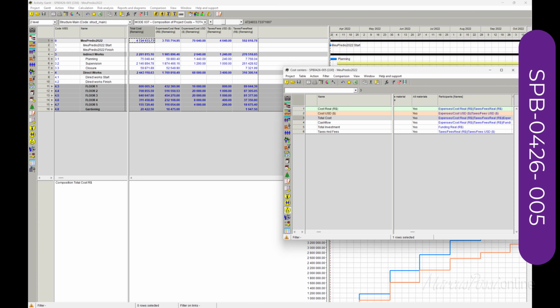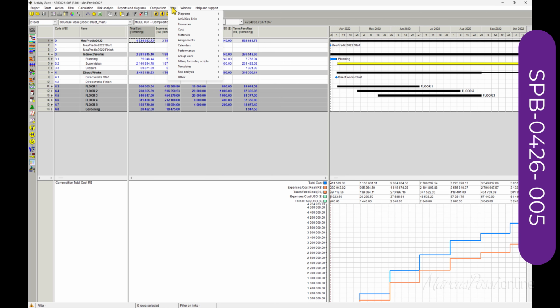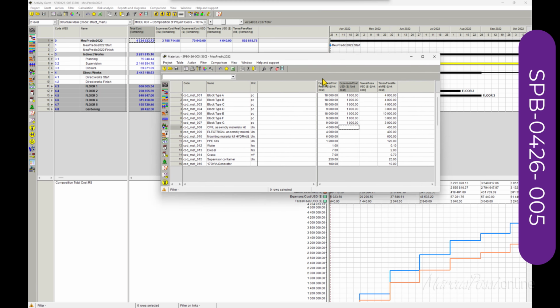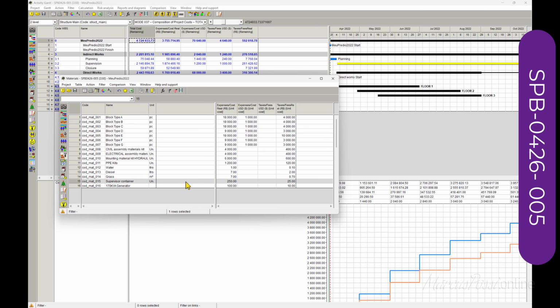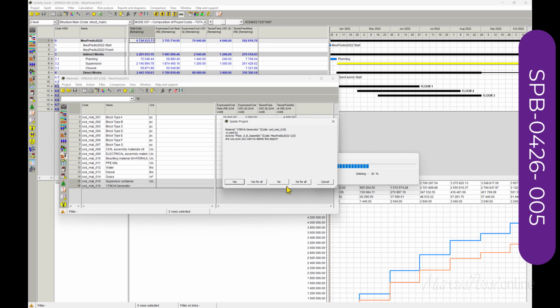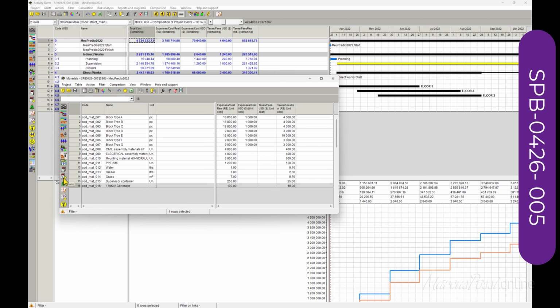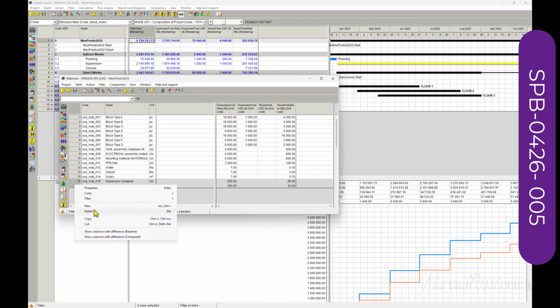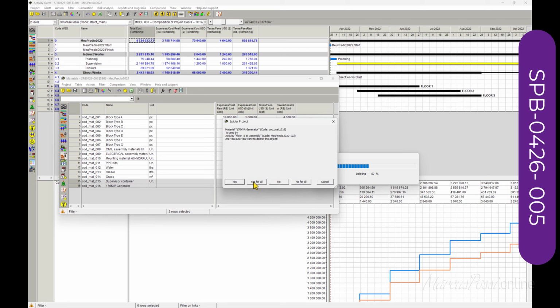But I note something here. I will have to jump into the material table to remind you that supervision container and generator are not materials, not equipment to be acquired. They are just services. If they are services, they are not being shown here. Okay, I will delete from this table, and yes, every activity that uses it will be deleted.